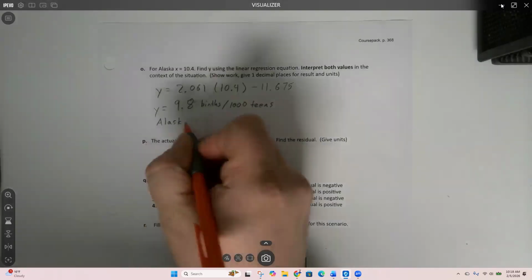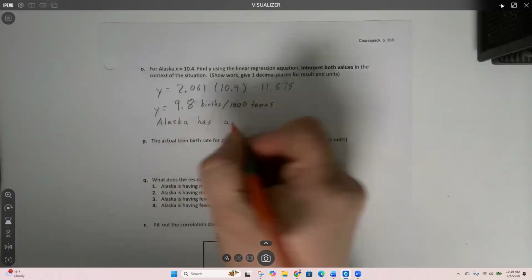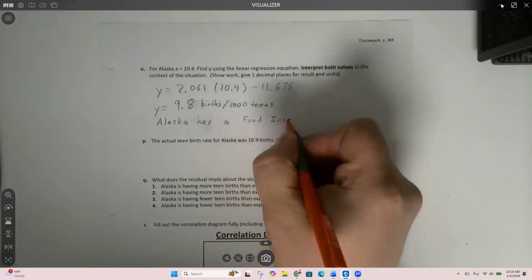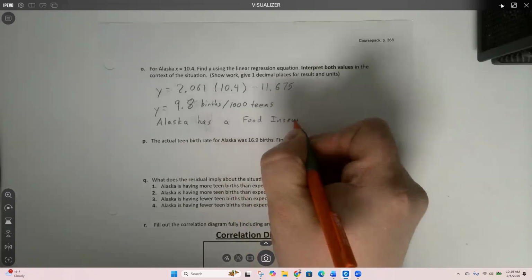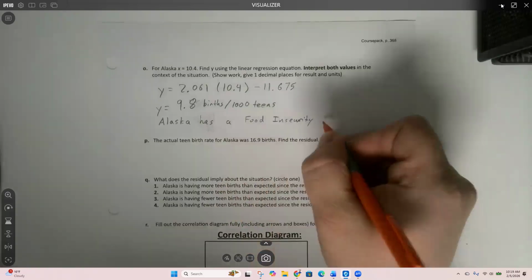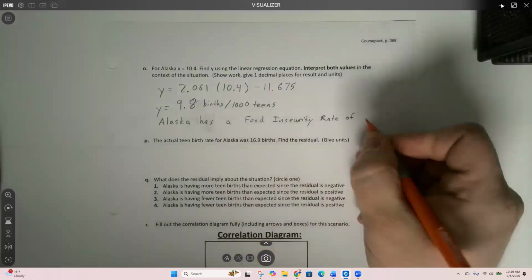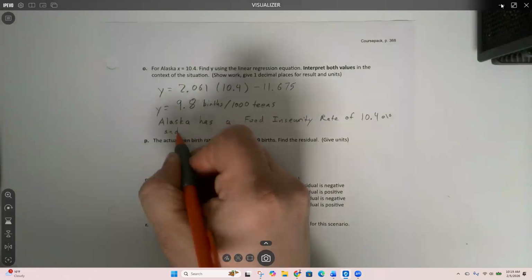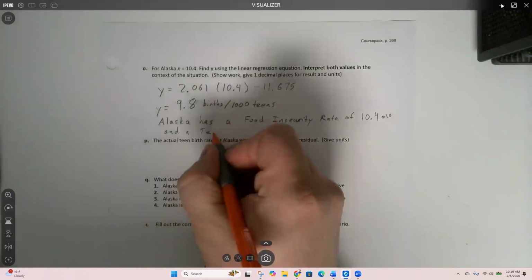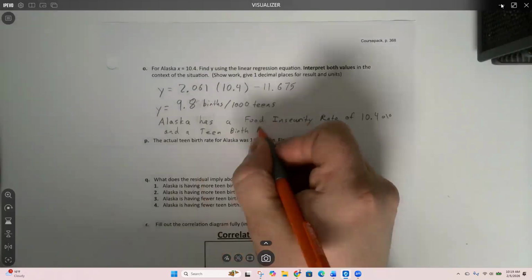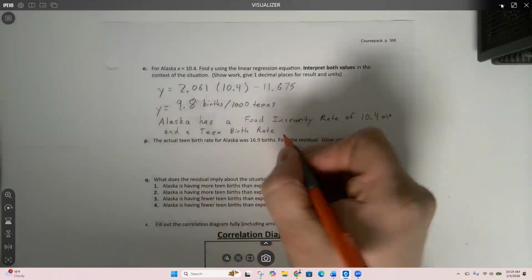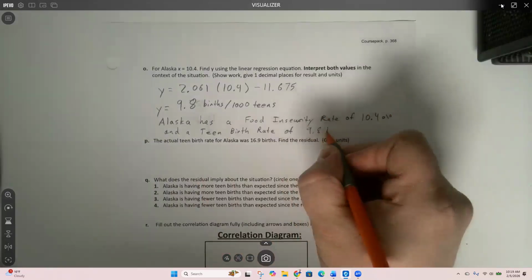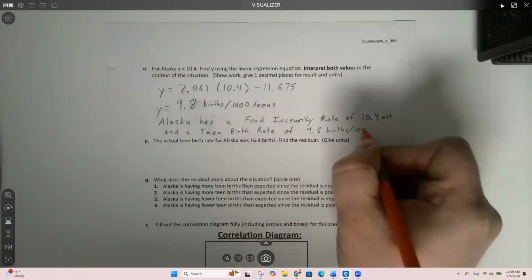Alaska has a food insecurity rate of 10.4% and a teen birth rate of 9.8 births per 1,000 teens.